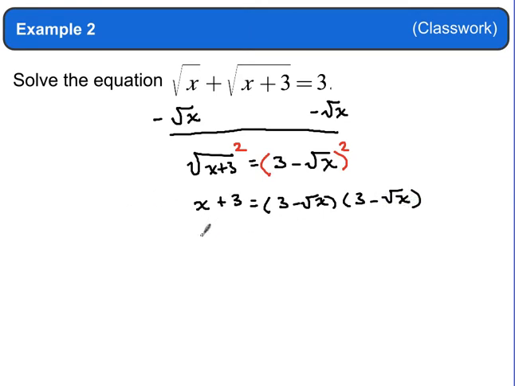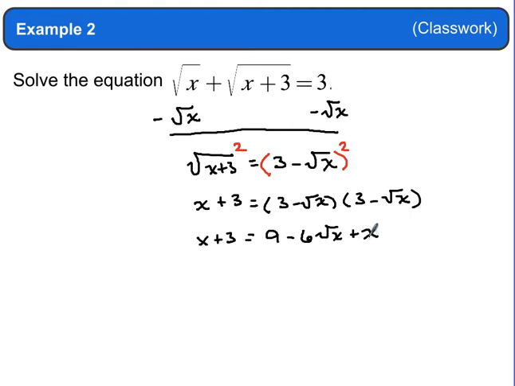And so now when you multiply those together, you're going to get 9 minus 6 square roots of x and then plus x. Now we can start to solve for x by moving things over to one side or another to kind of get those isolated.